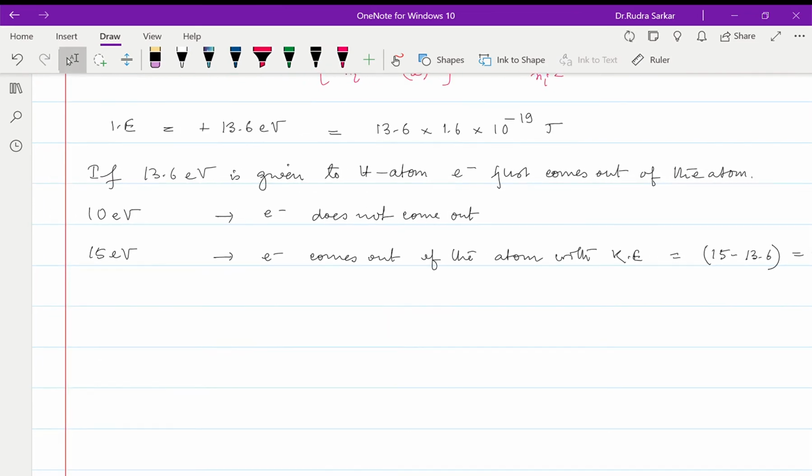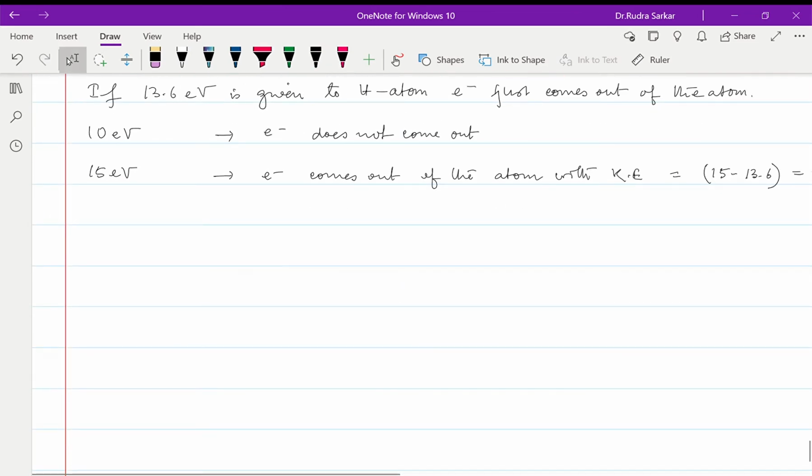Now let's do one sum. Find the ionization energy for He plus. In the DPP that I've shared, if you follow the previous year questions, which we call the archive, you will find a lot of questions are coming from ionization energy.